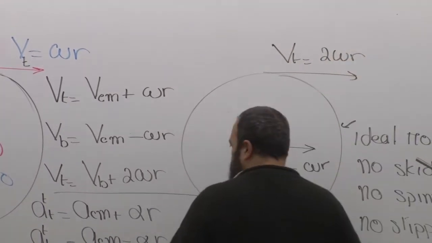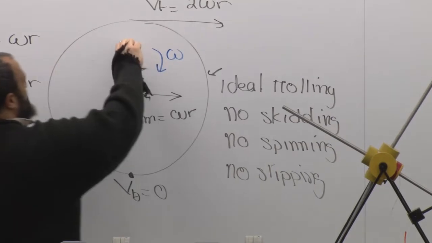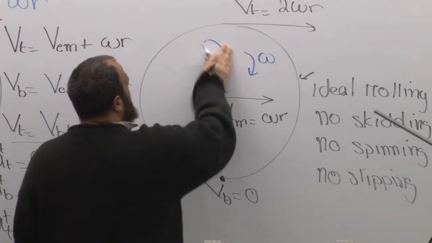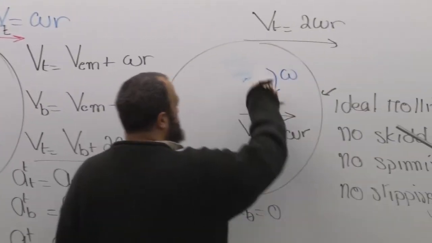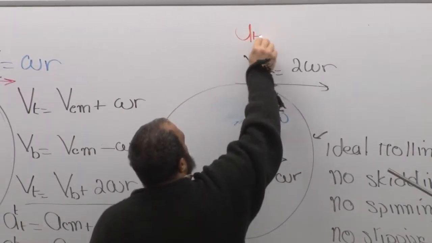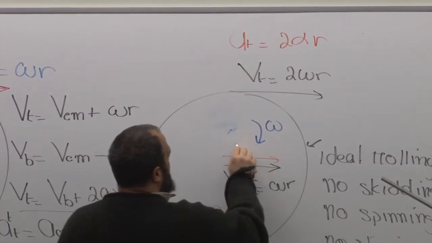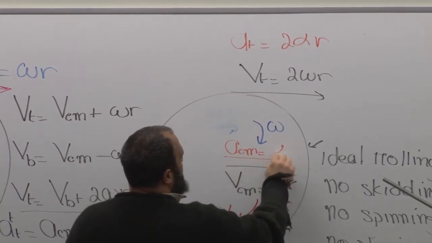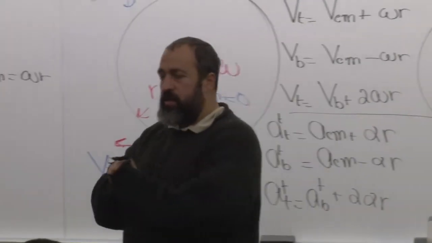By the same token, if this object is not only undergoing angular motion but also accelerating with angular acceleration alpha, so it's accelerating this way, I could say that A top is 2 alpha R and A CM is simply alpha R. Okay?